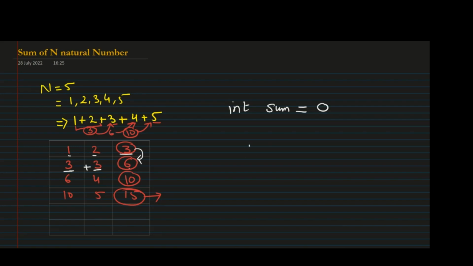So that means I'll use sum, and whatever sum I get, let's say we got 6, again I'll use this 6 to add the next number into it, sum plus next number, and finally I'll return this sum.